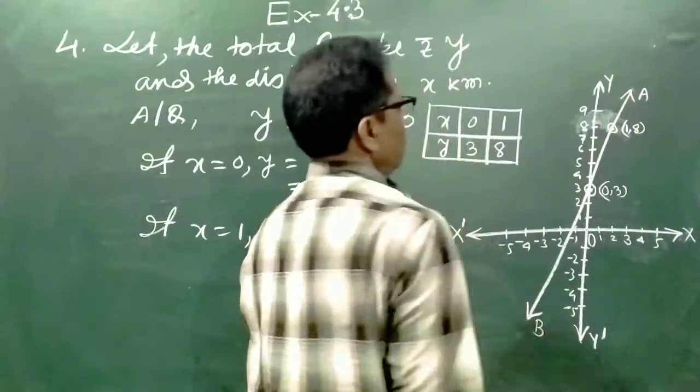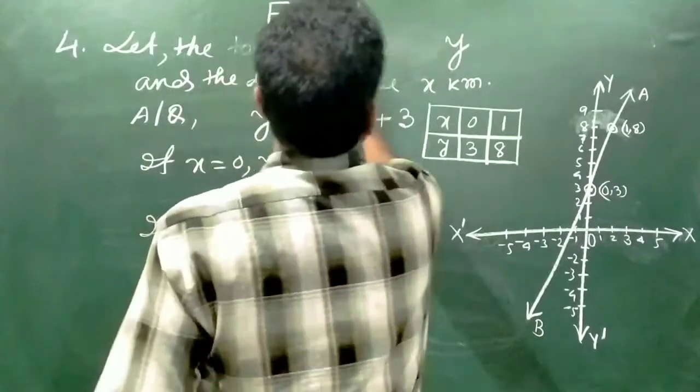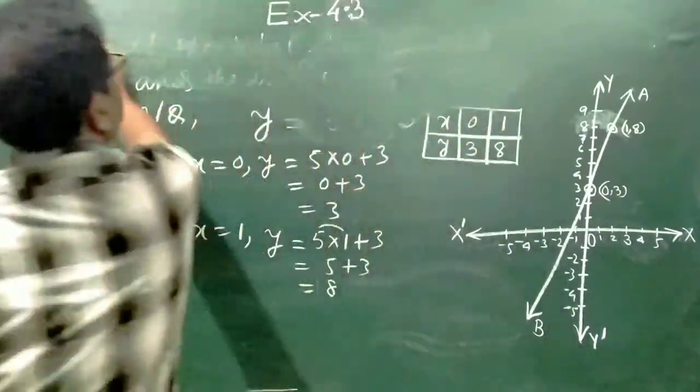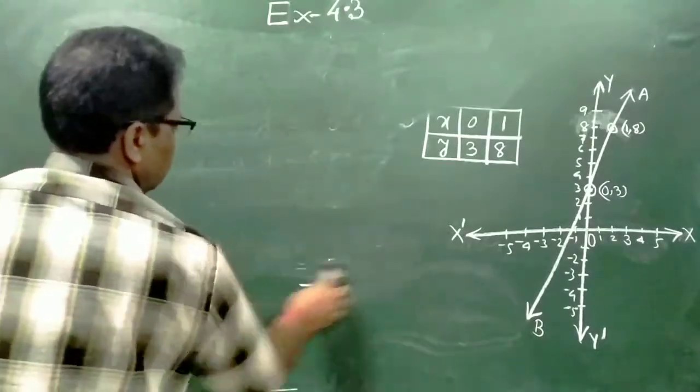Now a short explanation is to be written. Plotting the points and joining, we get the required graph.